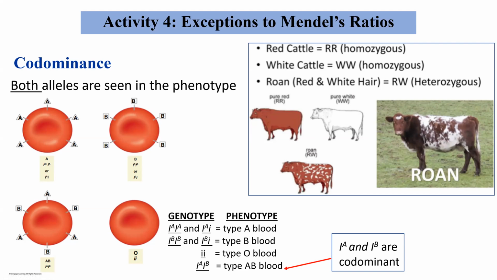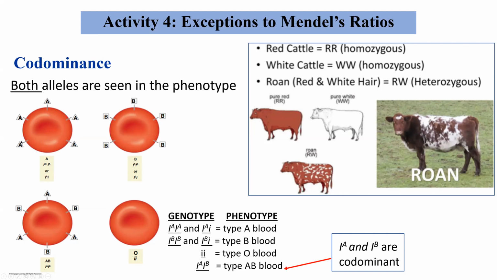O blood type has these 2 recessive alleles, which are represented as these lowercase i's. Essentially, O blood type has no proteins on the red blood cell's surface. It's just the red blood cell. And type A, as you can see, has these A proteins on the cell surface.